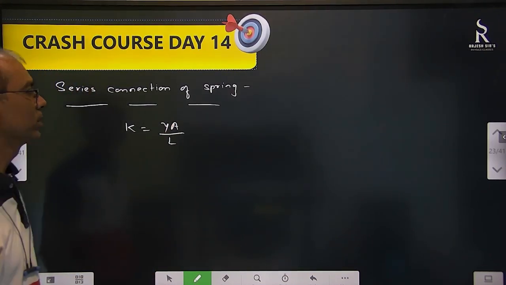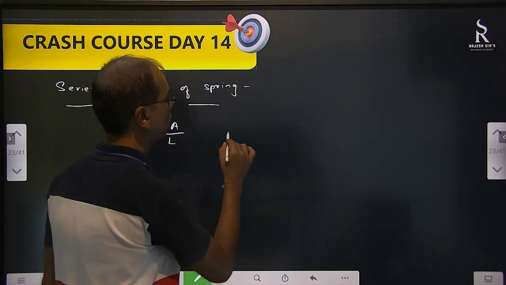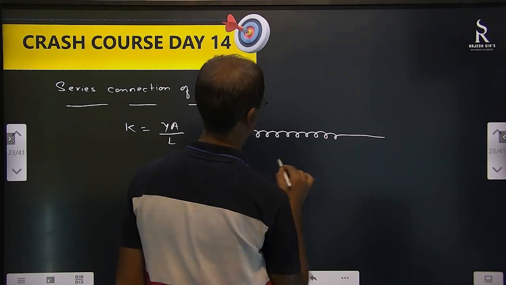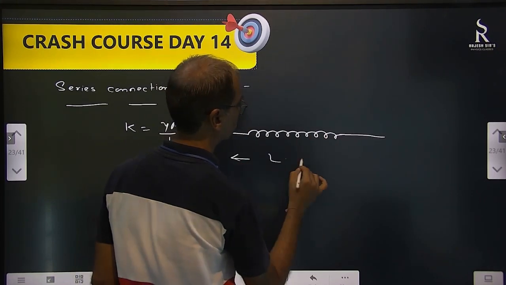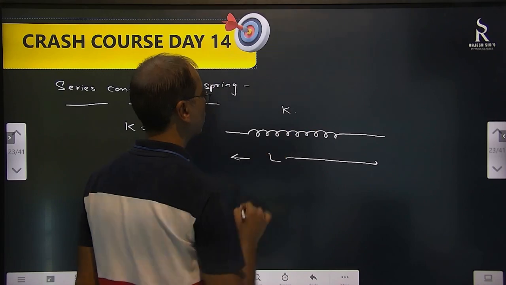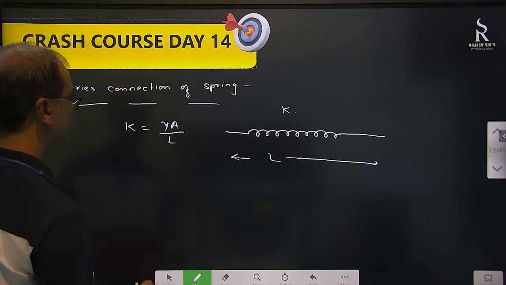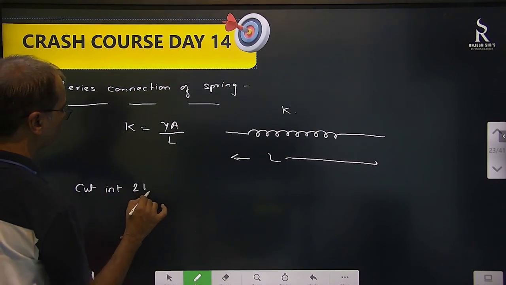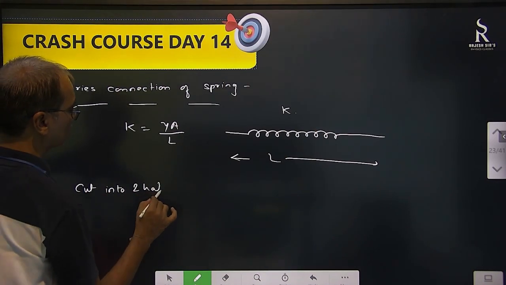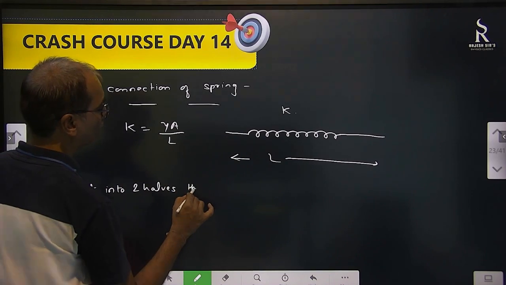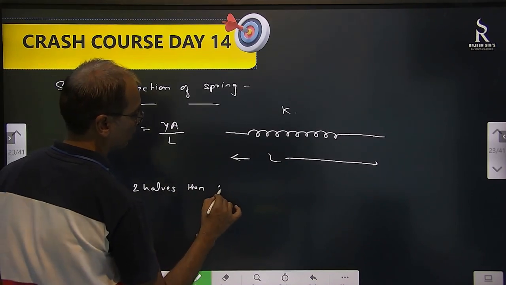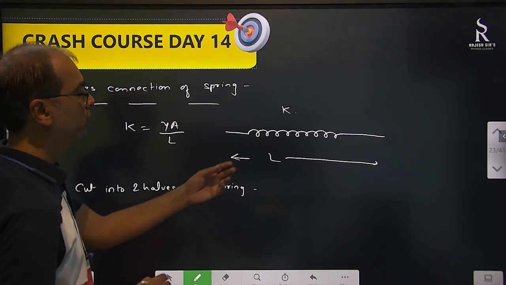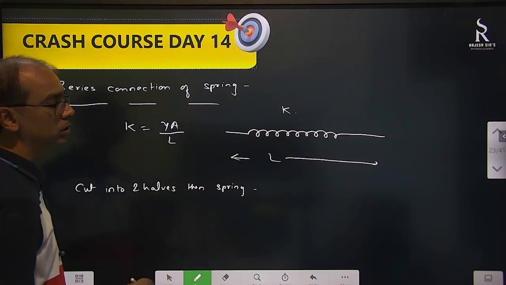Sometimes the question is asked that there is a spring of length L, spring constant is k. If it is cut into two halves, what is the spring constant then? If this is cut into two halves, each one is L by 2 in length.